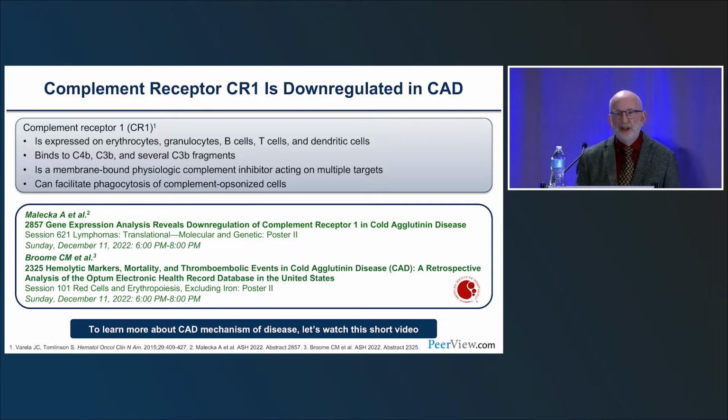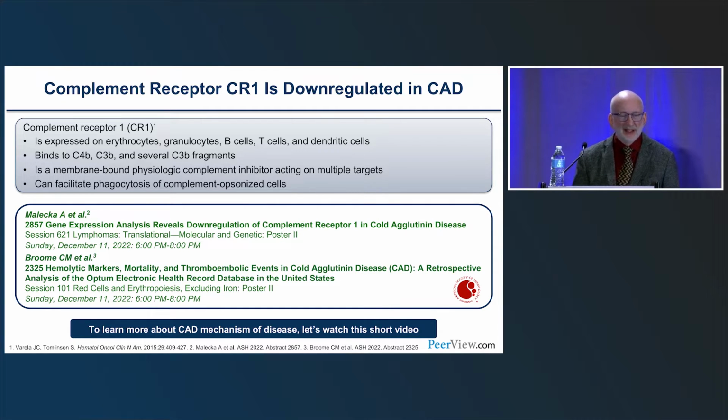Another interesting feature, and it's a quite recent finding, is that complement receptor CR1 is downregulated in cold agglutinin disease. CR1 is a membrane-bound complement inhibitor acting at several targets, but paradoxically, it is also a facilitating factor for the opsonization of cells with C3b.